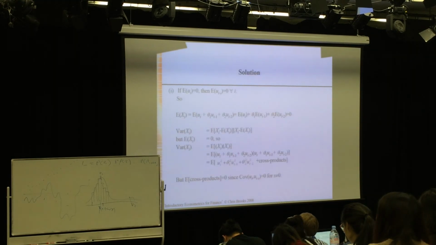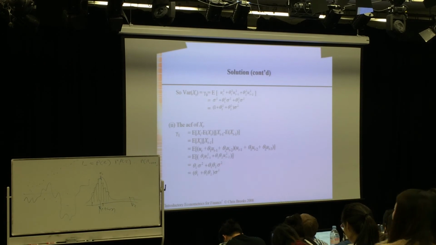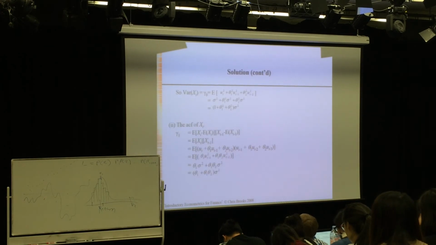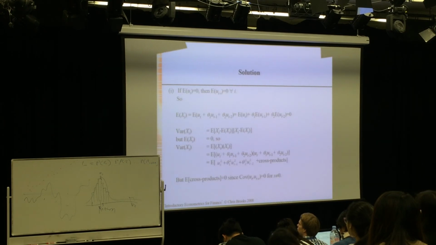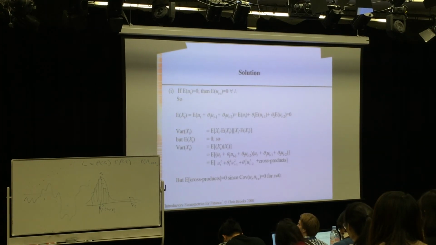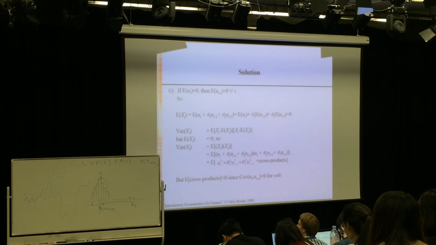It will have autocorrelation. It will also affect the variance of x. Where sigma squared is the original variance, it's now being scaled, it's larger. So when you have these MA effects, you end up with a bigger variance than you originally had. The expectation also changes.